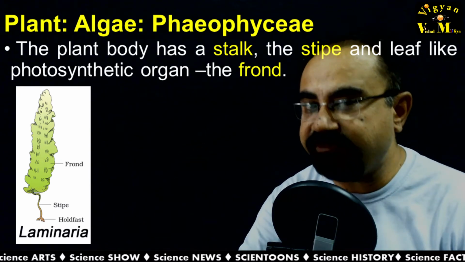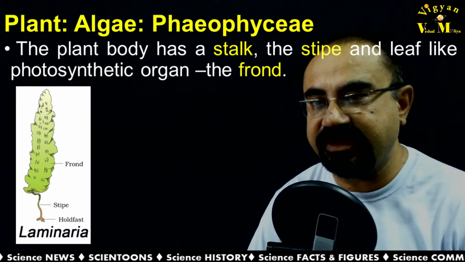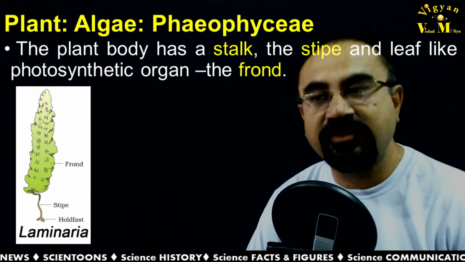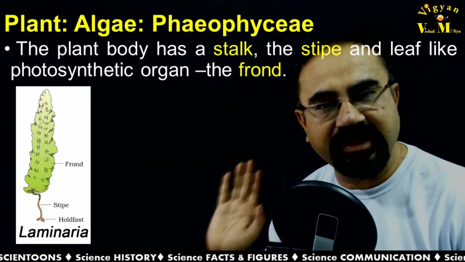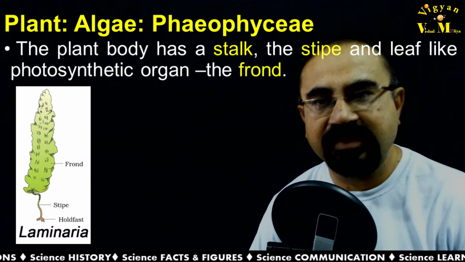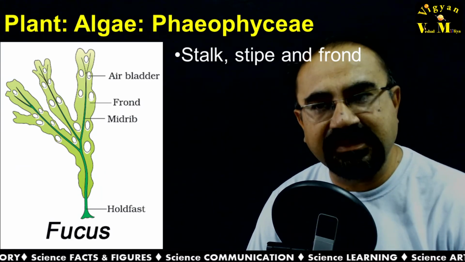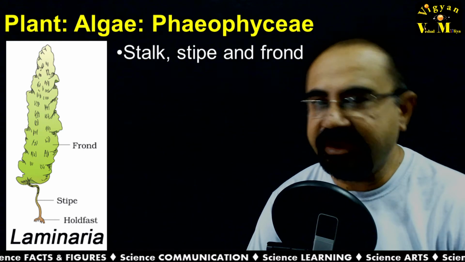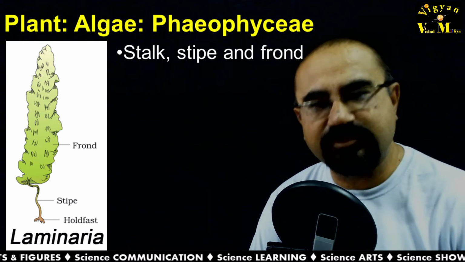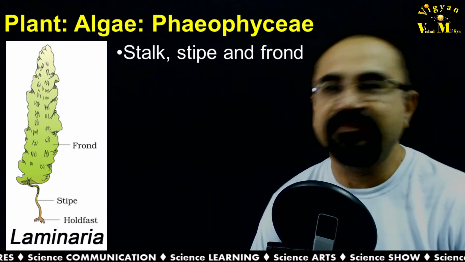It is not a leaf, but it is a leaf-like photosynthetic region known as frond. Here we can see it in Laminaria. The same thing can be found in Fucus also, as well as in Laminaria. It is already given in our textbook in photographic form.